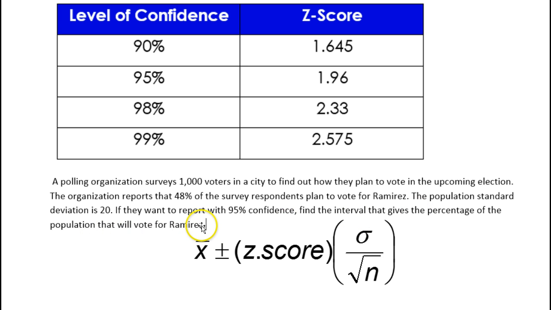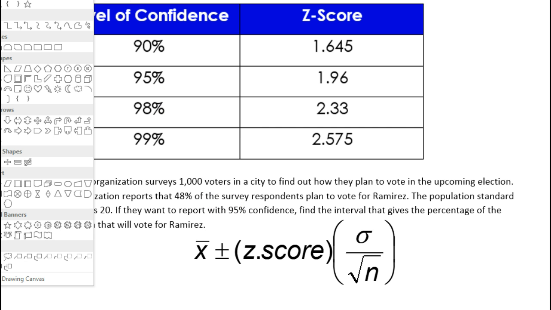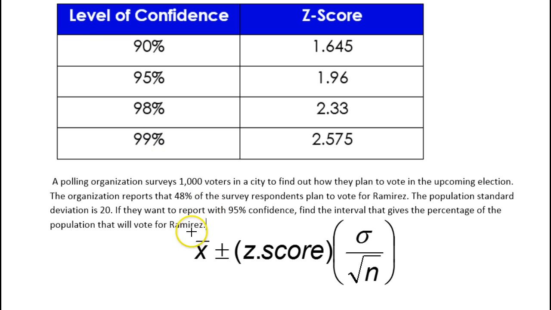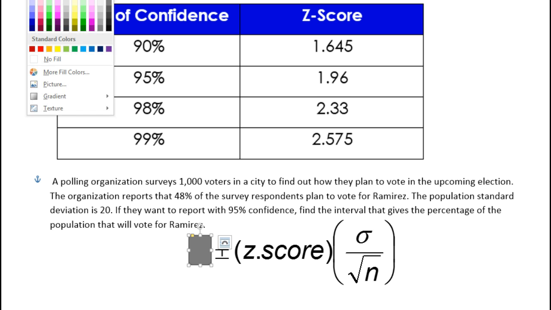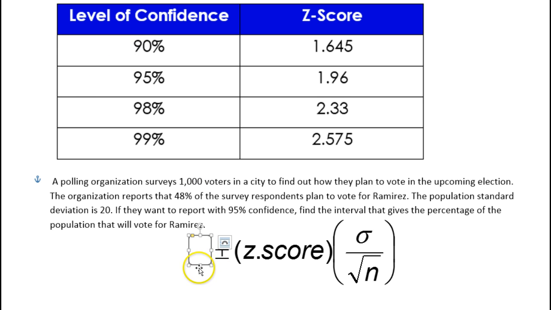vote for Ramirez. All right, we can use this formula to find the confidence interval that they're asking for. For now, I want you to focus on this part of the formula over here. Just ignore that for a minute.